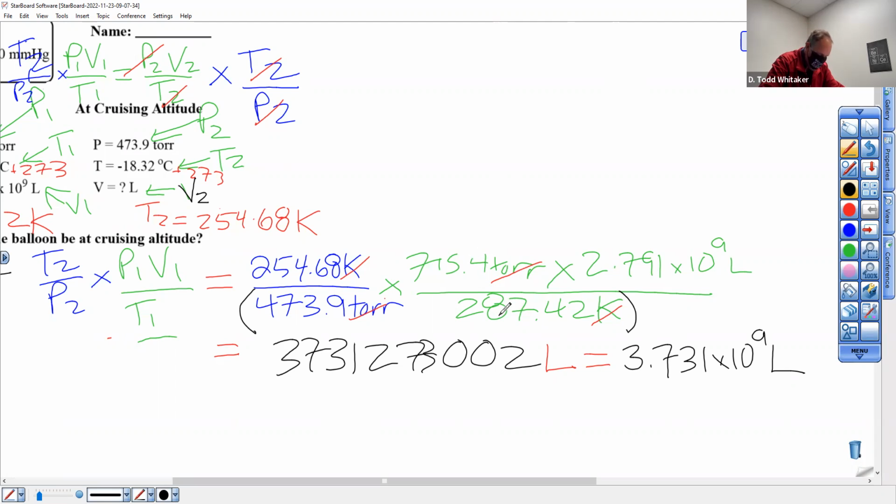And this thing is not 1.5 times this thing. No way, not even close. It only changed by 30 degrees Kelvin. That's like 10% difference out of 300 Kelvin. So yeah, the pressure change dwarfed the temperature change. That's why the volume went up.